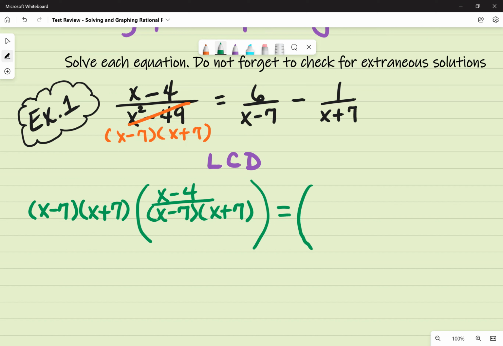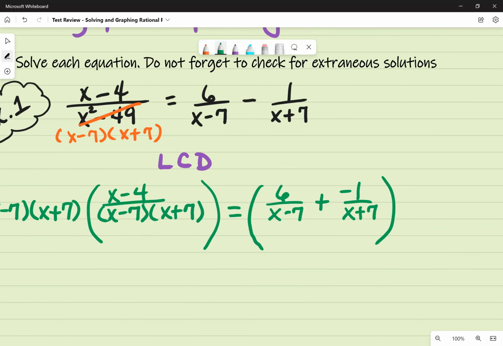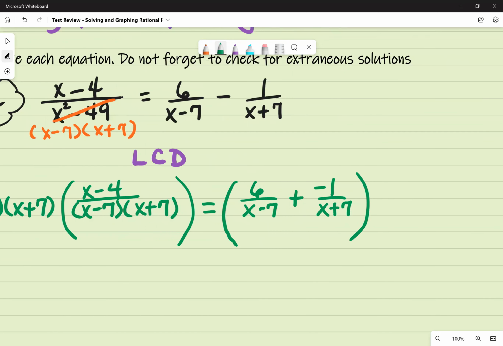So I'm going to put a set of parentheses around both of these fractions. And I notice in between the two fractions, I have a minus sign. So what I would do is I would change that to a plus sign, and then I would apply the negative to the numerator of the second fraction only. And on the right-hand side of that, I'm going to multiply that entire set of fractions by my least common denominator.